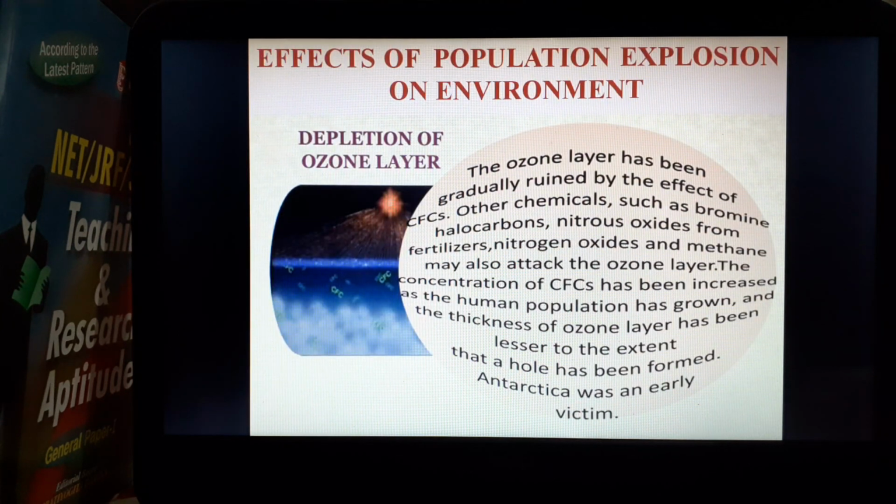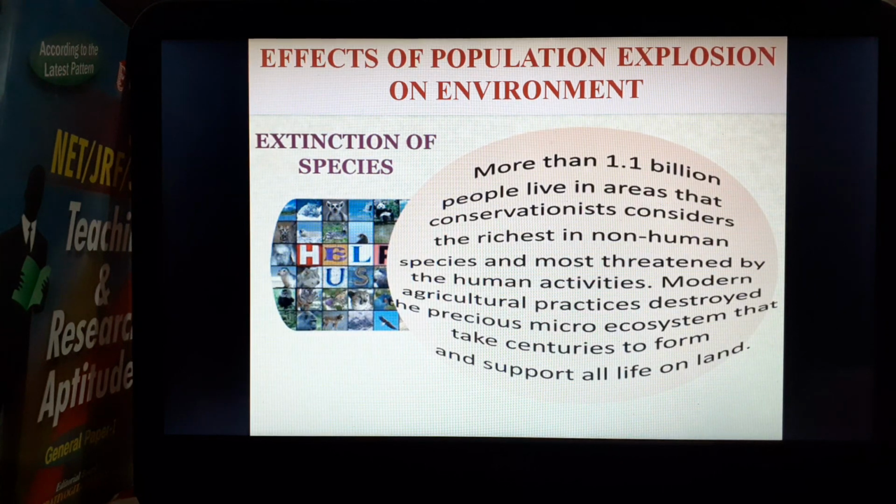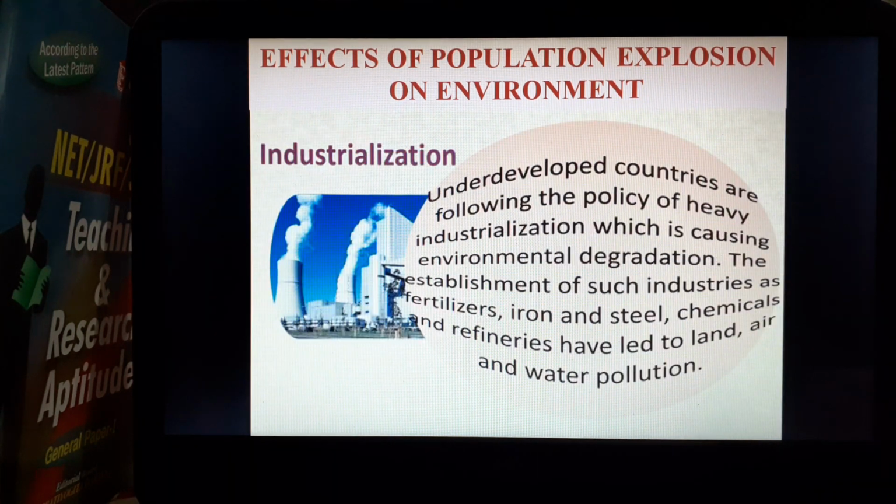The other part is depletion of the ozone layer. It indicates that due to the greenhouse effect, the ozone layer is depleting. And the other part is extinction of species. Many species are extinct from the earth. Then land and soil degradation. And the other part is industrialization. Due to more population, we are increasing industrialization day to day, which causes environmental degradation.